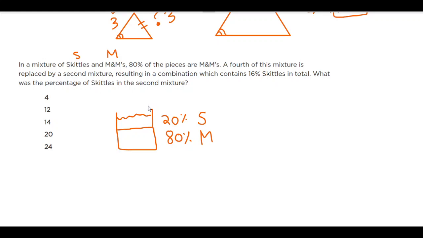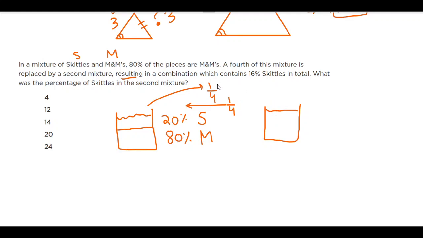Okay, so a fourth, 1/4, has been taken out, and some other 1/4 has been introduced into it, resulting in a combination which contains 16% Skittles in total. So I do not know the concentration of this; there is not enough information about what type of mixture was added.